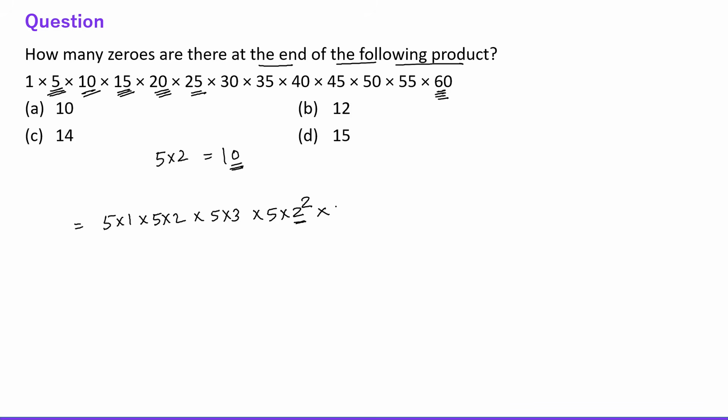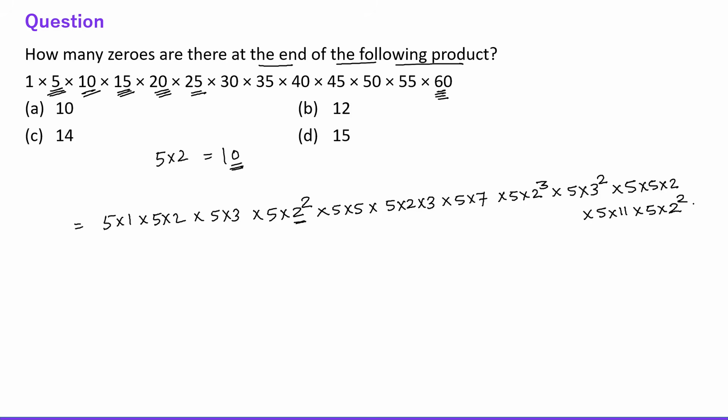Then 5 into 6, I am writing as 5 into 2 into 3. Then 5 into 8, I am writing as 5 into 2 cube. Then 5 into 9, 5 into 10, so 5 into 5 into 2. Then 5 into 11, then 5 into 12, which I am writing as 5 into 2 square into 3, since 12 is 4 into 3.